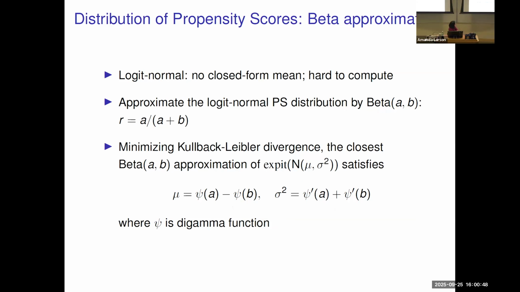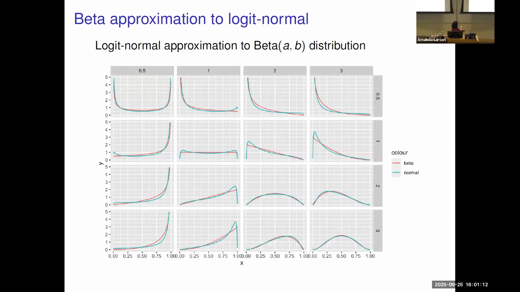Then his idea is, well, he said the propensity score is between 0 and 1. So what are some distributions that are on the range of 0 to 1 and have nice, beautiful mass? The beta distribution. Okay, so he said, how about we use the beta distribution? I'll show you.